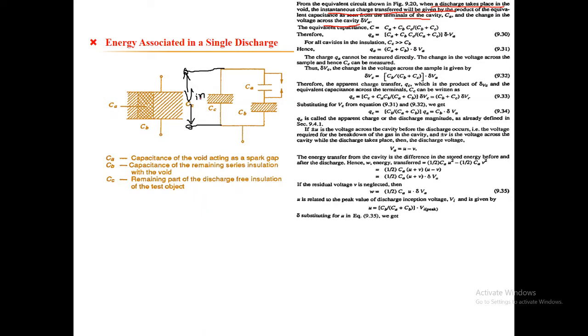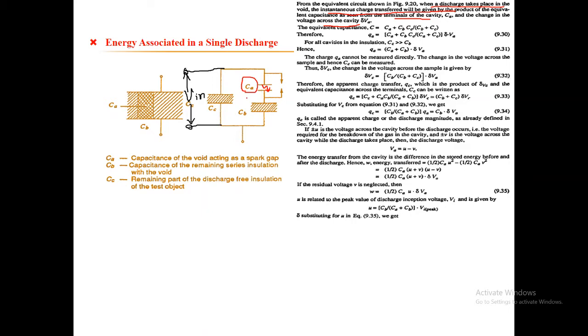When we give the voltage, this cavity capacitor will charge, so the voltage builds up across it. When the voltage across this cavity becomes equal to the discharge inception voltage magnitude, the arc is produced. It will short circuit the capacitor. As a result, it will transfer the energy to the healthy portion.